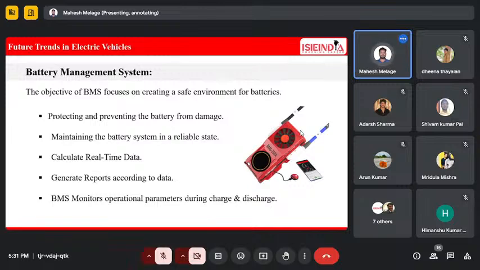What is meant by this? In battery pack designing, we use a number of cells. In a 4-wheeler, it goes to 1,000 cells, and can be more than 1,000 cells. Each cell does not have the same charge.